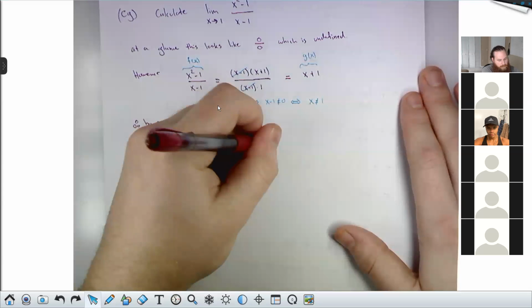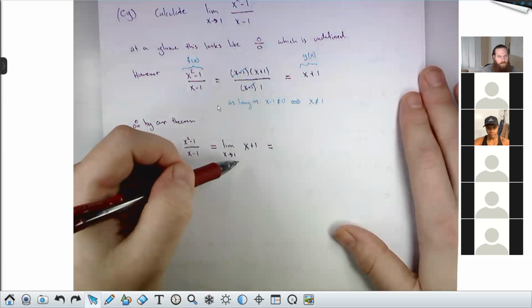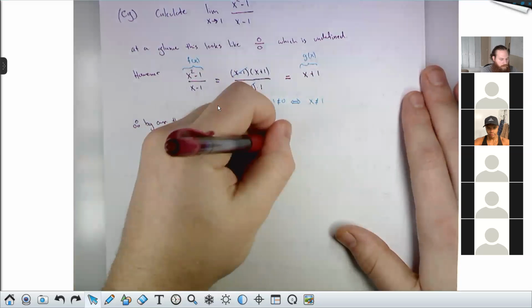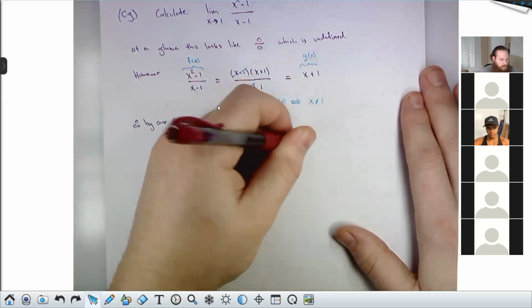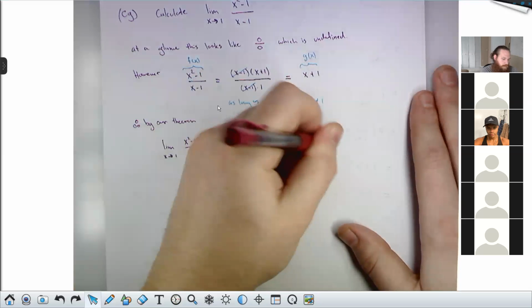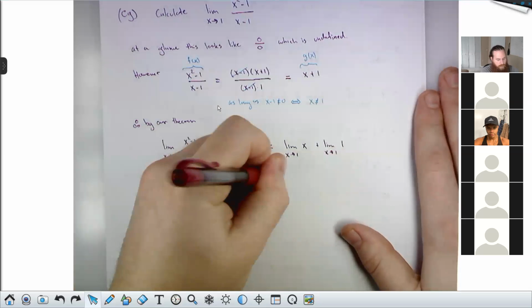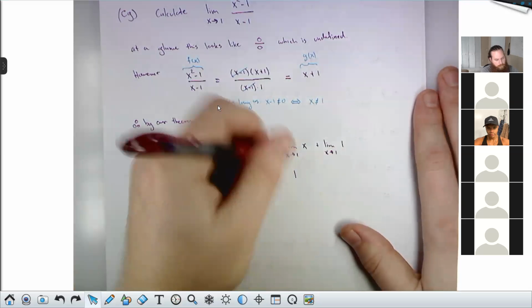And what you notice is that x plus 1 doesn't have any of the issues that the original function had. If you want to be really verbose about this, you could write it as lim x to 1 of x plus lim x to 1 of 1. And then as x goes to 1, the limit as x goes to 1 of x, that's 1.